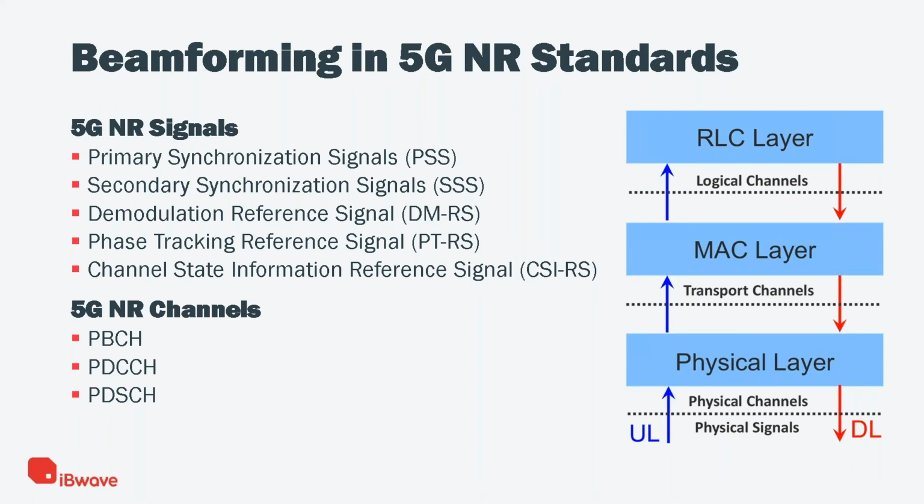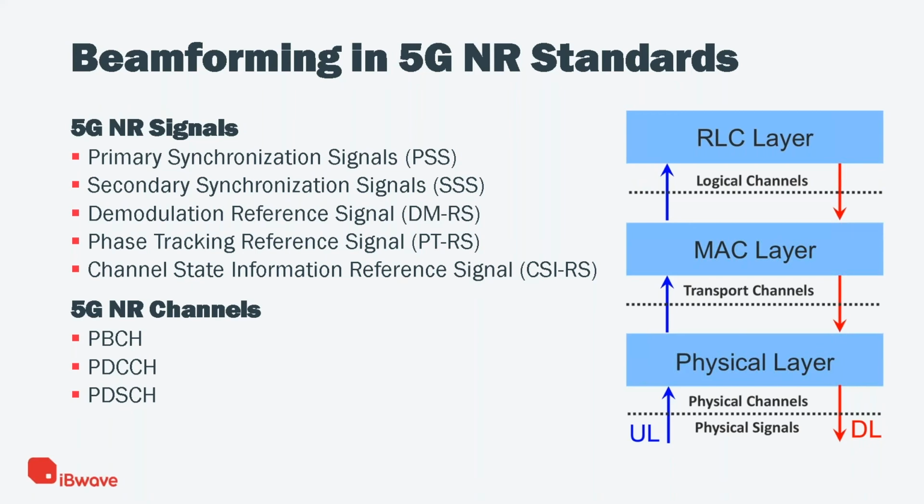And the type of new radio signal that are defined for 5G are mainly the synchronization signals, which are primary and secondary. So it is like in LTE. And there are also few other signals that are defined like the demodulation reference signal, which are mainly used for the demodulation with different type of channel.